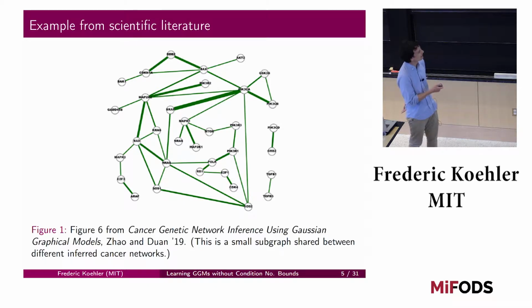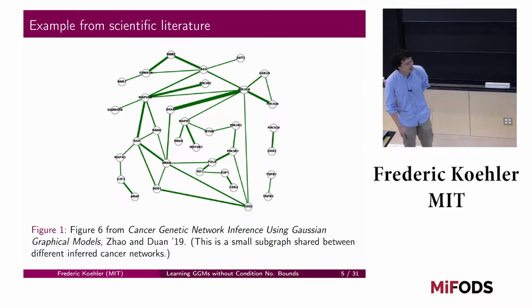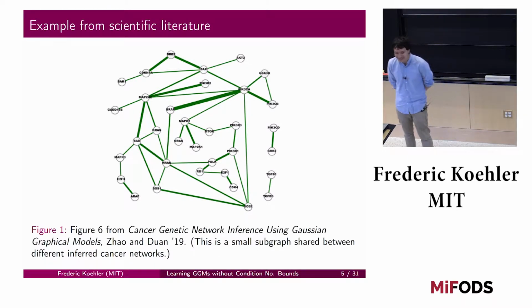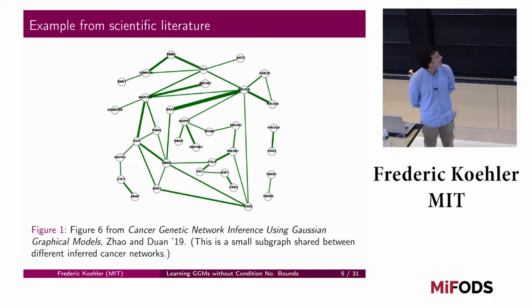Then they found that this graph is shared between these models. If you read the paper, apparently this is consistent with some things that are known in the literature about something called the PI3K pathway, but I didn't understand that part. But what you can see is that people do indeed use this in other fields. Okay.